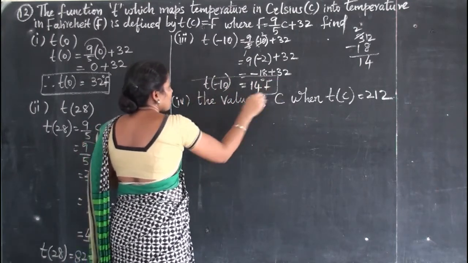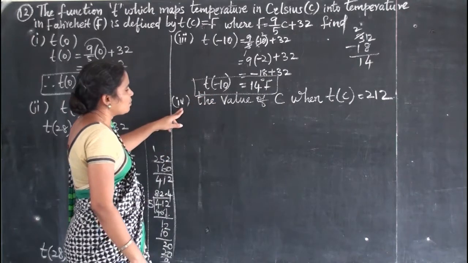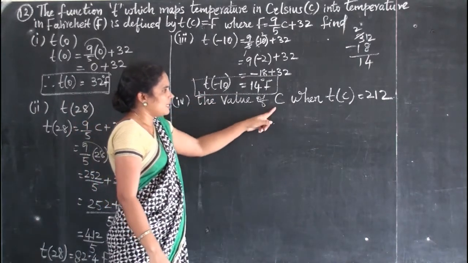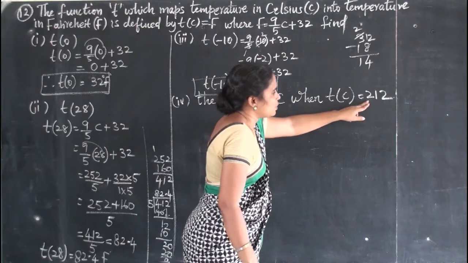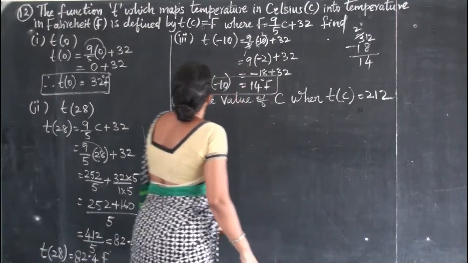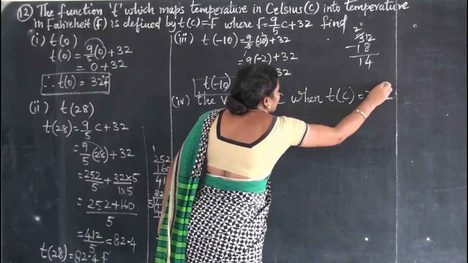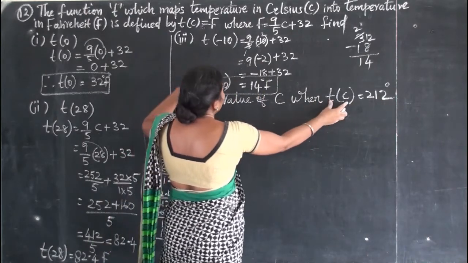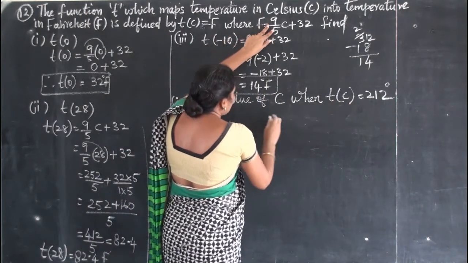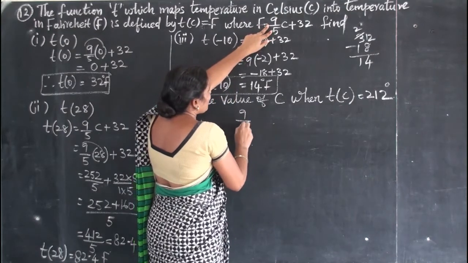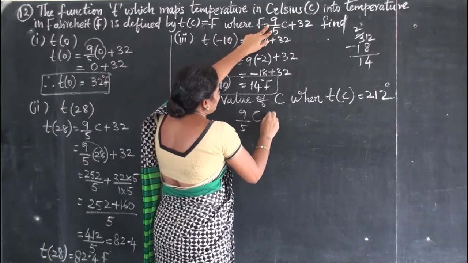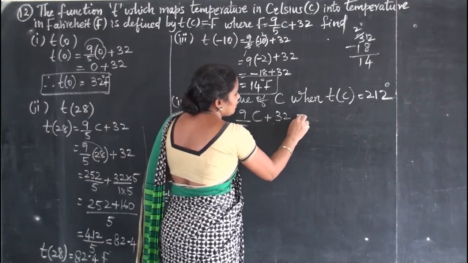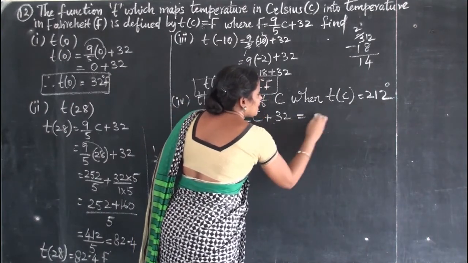Question number 4. Find the value of C when T of C is equal to 212 degrees. So T of C is equal to 212. What is T of C? 9 by 5 C plus 32 is equal to 212.